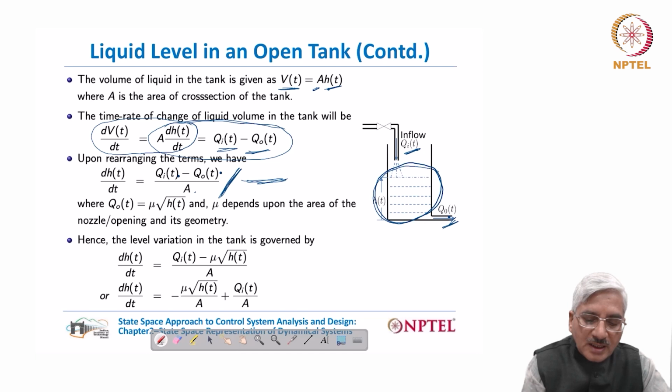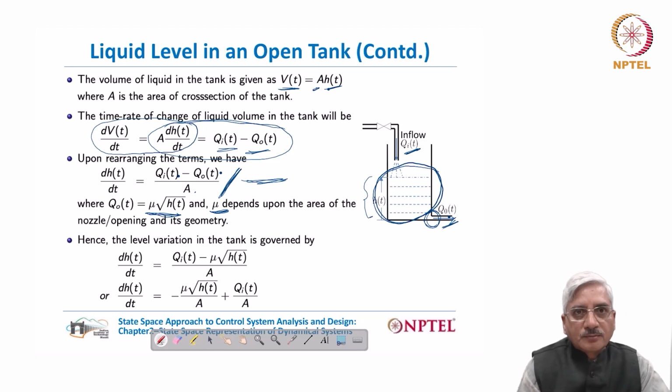Now by applying the principles of hydraulics, we recognize that through an opening in the tank, the outflow will depend on the square root of the liquid column. So Qo is proportional to mu into root of H, and mu will of course depend upon the area of this opening and also its geometry.